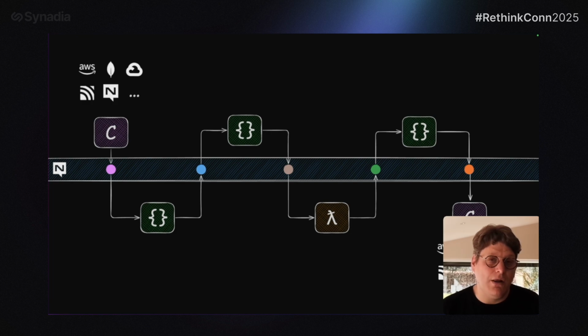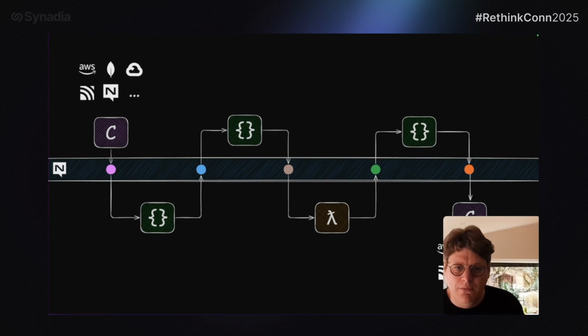It could very well be that there is a little workload running somewhere that will take those messages off, do transformations or whatever it needs to do, and put the result back onto NATS. This goes on and on until at some point you want to write that information back to an existing system. For that, you use a connector again. I will show you this in a demo later on.